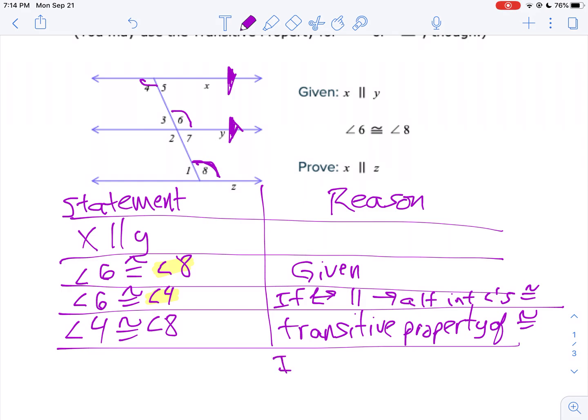So I'll say, if the alternate interior angles are congruent, that tells me the lines are parallel. And so our statement is what we're supposed to prove: X is parallel to Z, and we're done with that question.